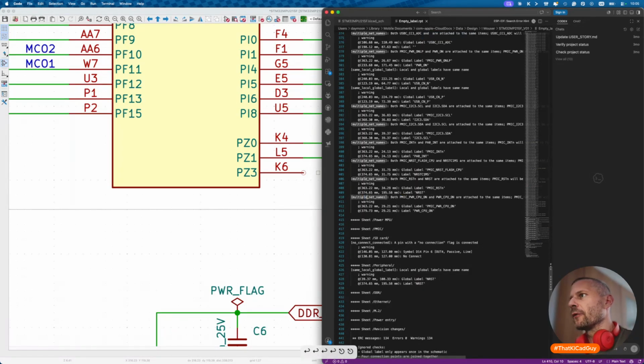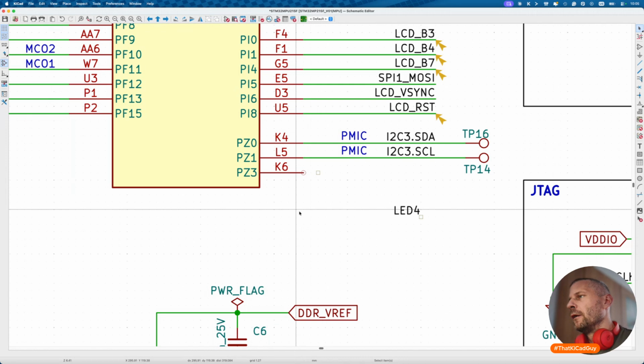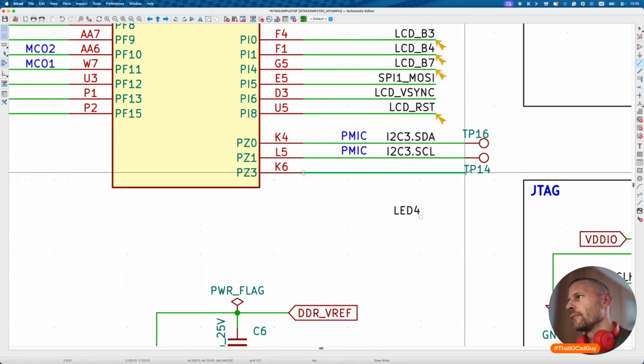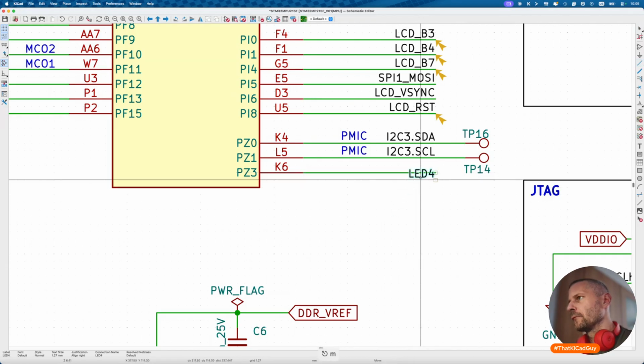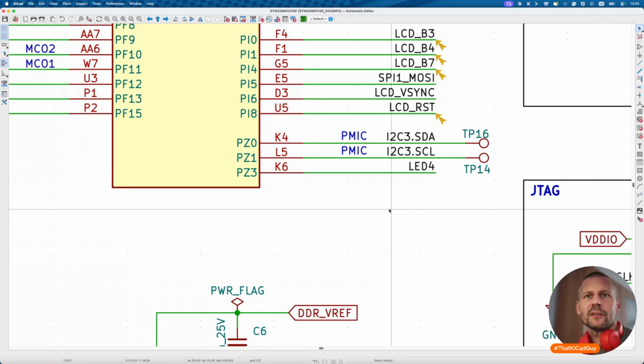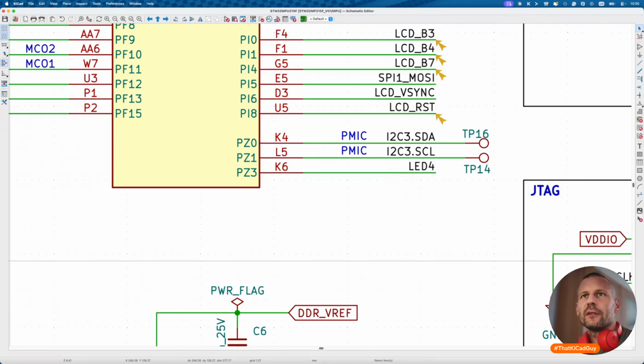So this error wasn't identified, but it's there. So what should I do? Tell me. If there is somebody watching me, what should I do? How to find the empty labels that connect multiple paths together and ERC can't see it.